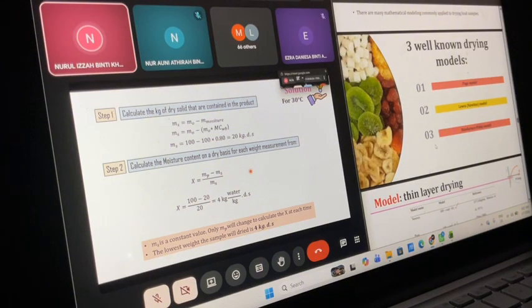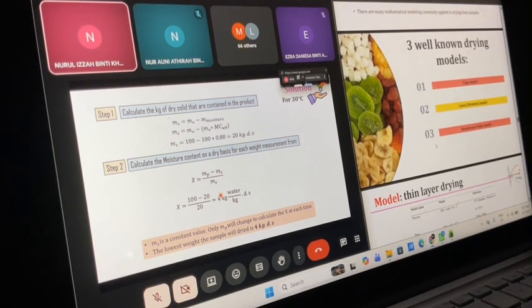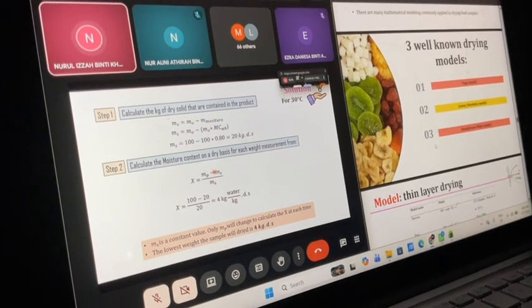And then you have to calculate the moisture content on dry basis. The moisture content on dry basis is the mass of moisture divided by the mass of solid.